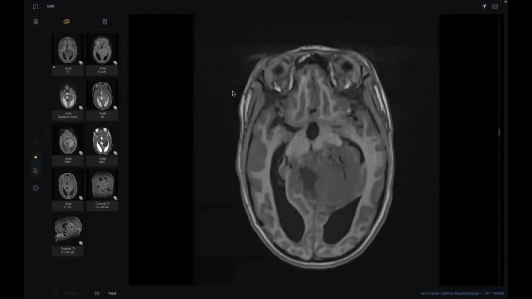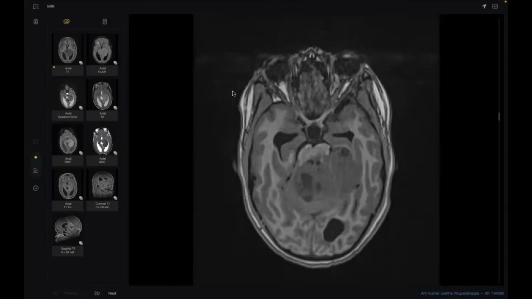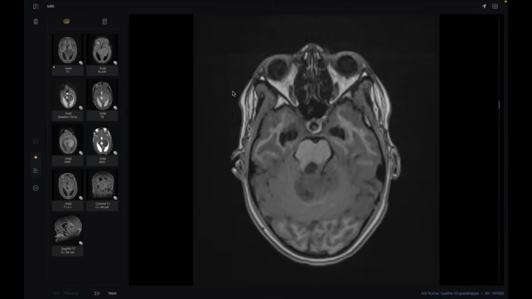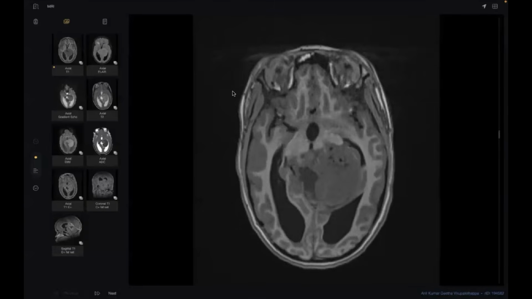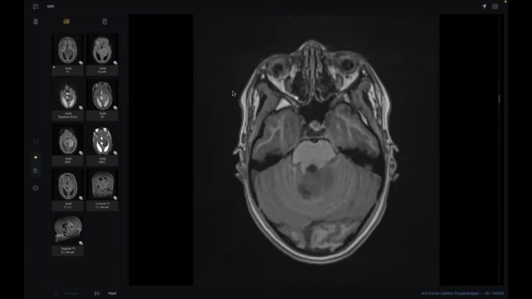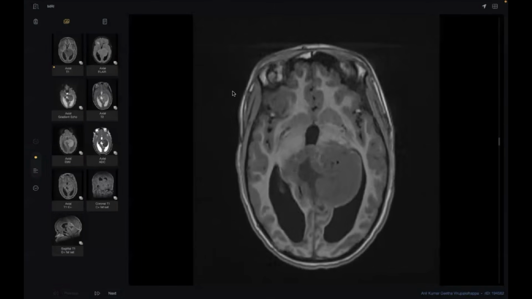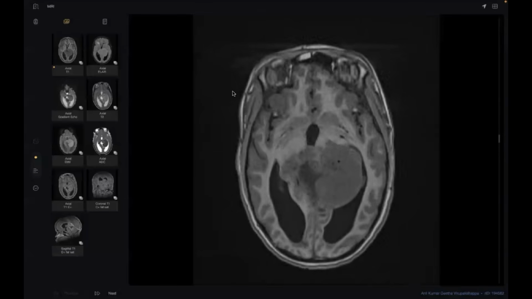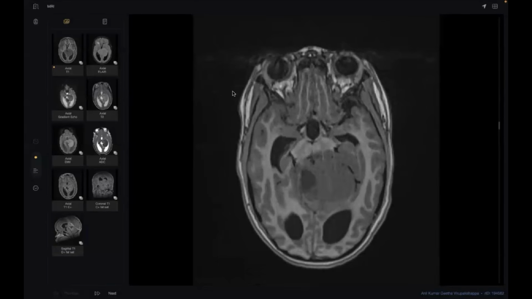I can appreciate there is a large iso-intense lobulated mass, iso to the gray matter, in the lateral ventricle, I think predominantly on the right side, with significant dilatation of the ventricle system. It is showing some areas of low signal intensity as well.